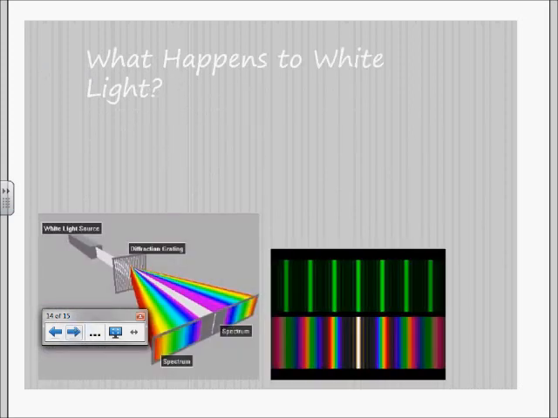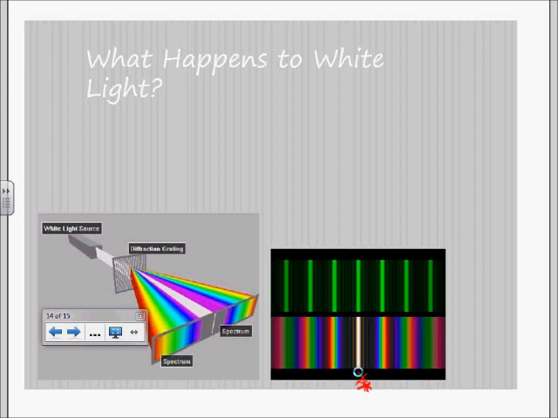All right, so what happens to white light? We had a look at this with the double slit. Wasn't particularly effective, but when you look at white light with the diffraction grating, it's much more obvious as to what's happening. You always get this central bright white line, because all of the colors can travel the same distance to get there. There's no path difference there.